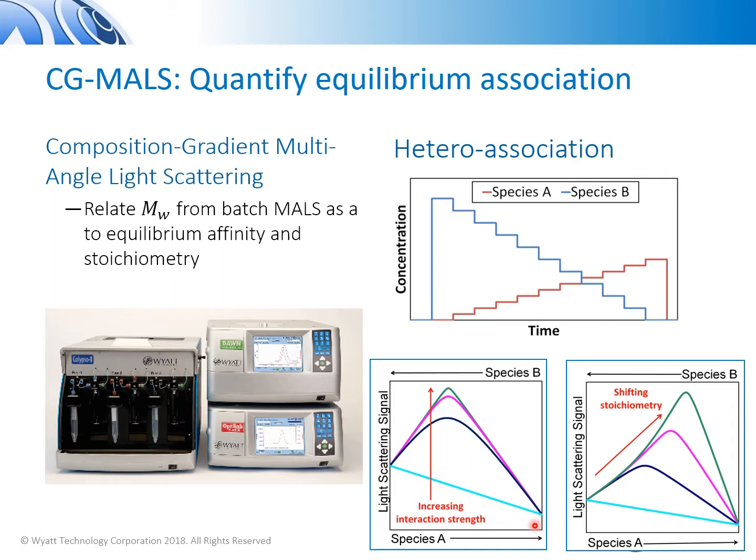As complexes form, the molar mass of that solution increases, and we see a characteristic curve like this. The more complexes bind, the stronger the interaction, the higher and sharper this peak becomes.